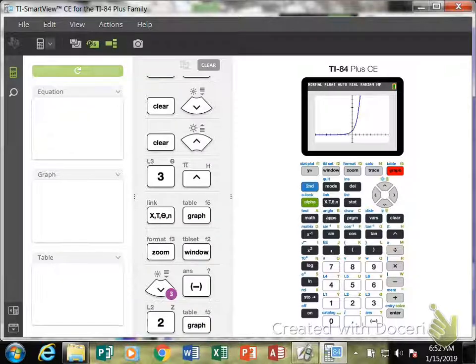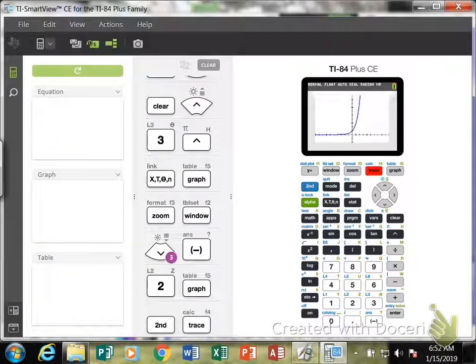The question was asking to find the y-intercept and then state the domain and the range. To find the y-intercept, we can go to second calc and calculate a value, 1.